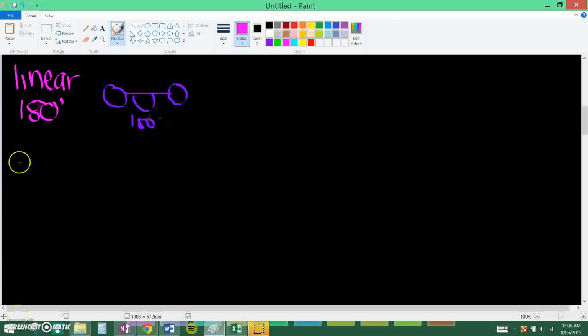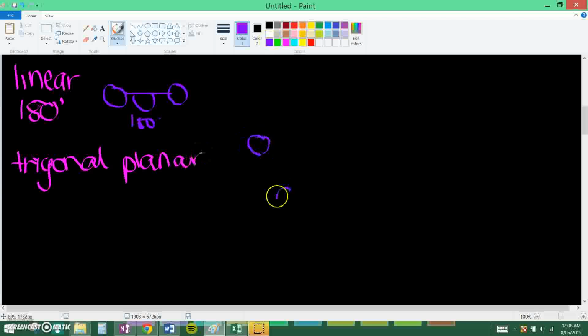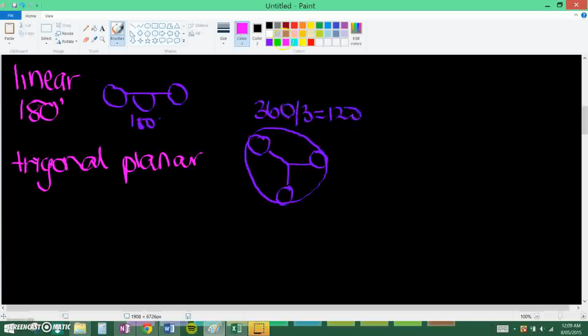Now the next one is trigonal planar. This is when three atoms join and they basically go like this. And if you join it up as a circle, it's evident that 360 divided by 3 is 120, and thus the bond angle of trigonal planar is 120 degrees.